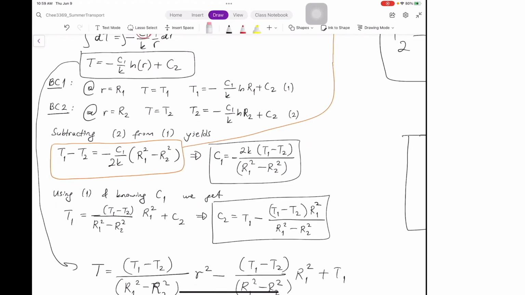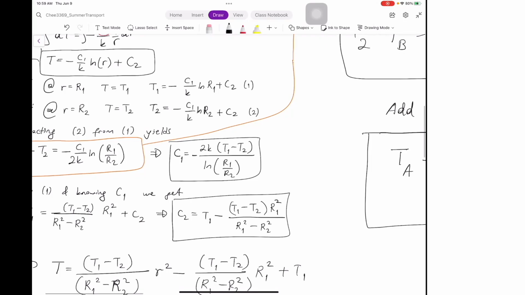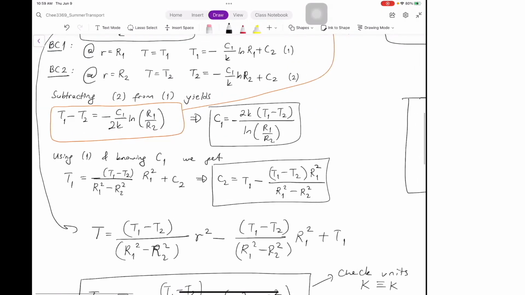And this is going to be logarithm of R1 over R2. Can you follow now?